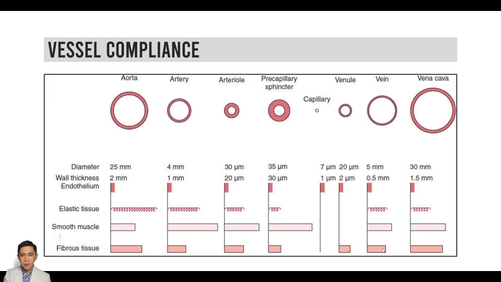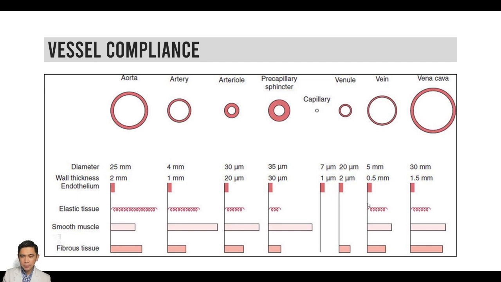Let's take a look at the different compliance and elasticity in every segment of the circulatory system. So elasticity is mainly determined by the elastic tissue of that vessel. So the aorta has a really high amount of elastic tissue. Then the artery, somewhat lower. Then it goes down until the capillary, which almost has no elastic tissue.